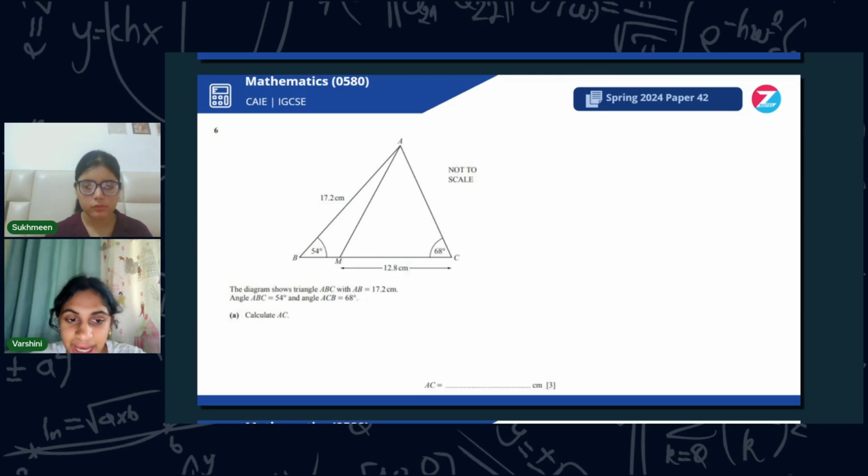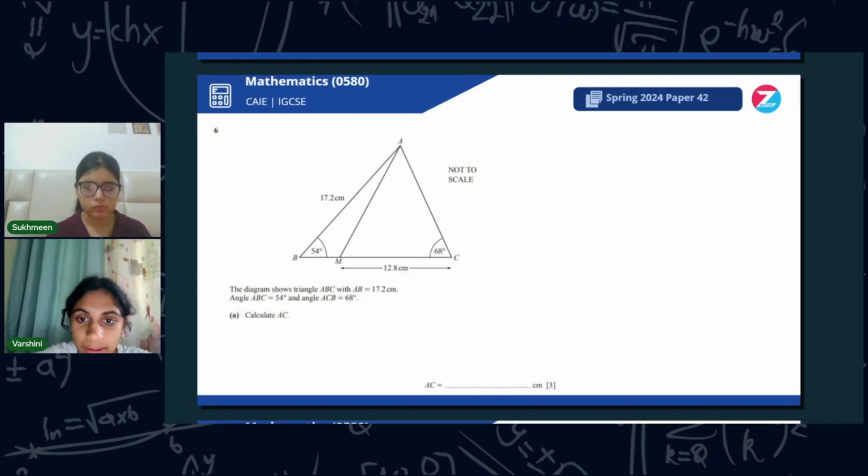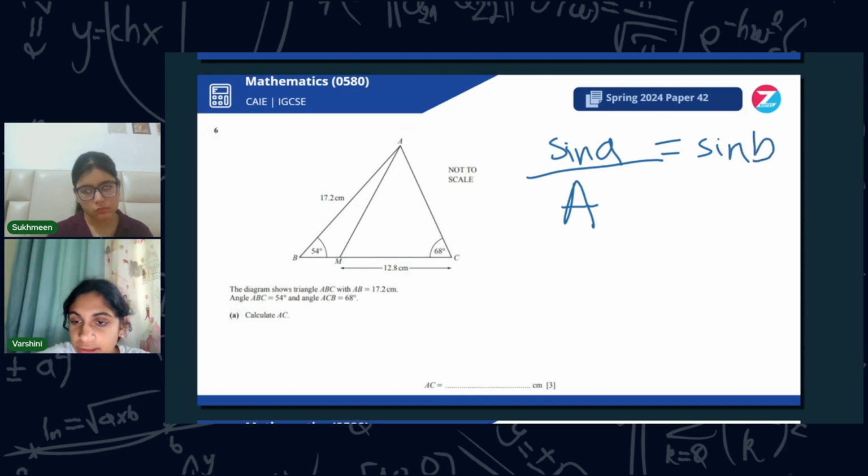So we know we can use the sine rule where sine A divided by its opposite side is equal to sine B, which is a different angle in the triangle, divided by its opposite side.